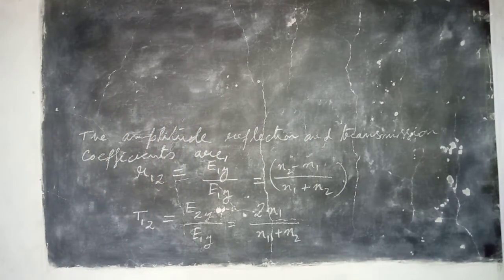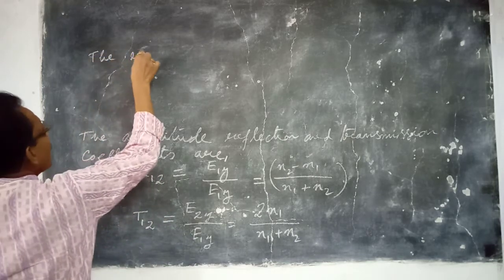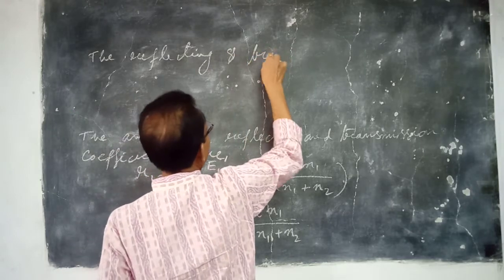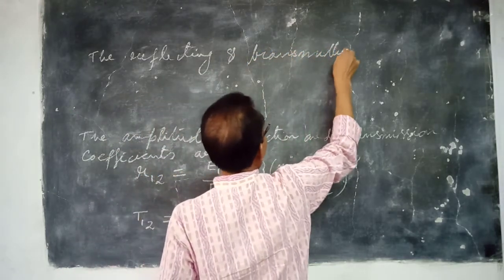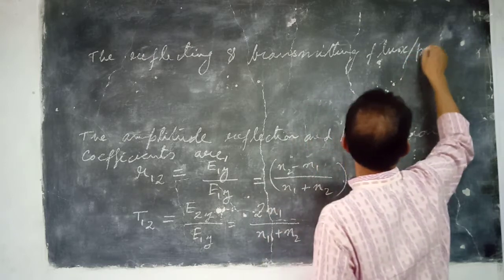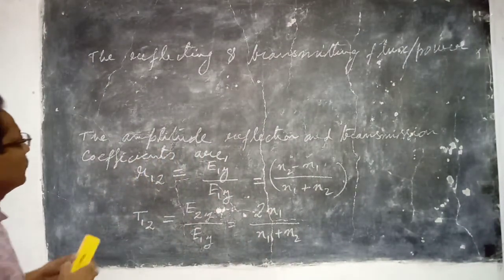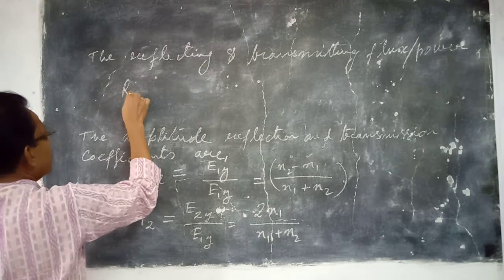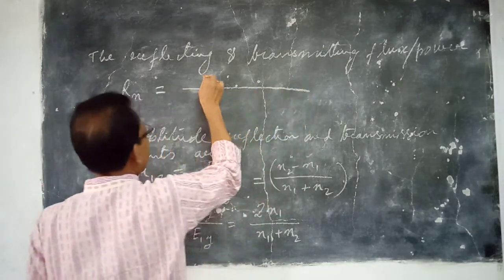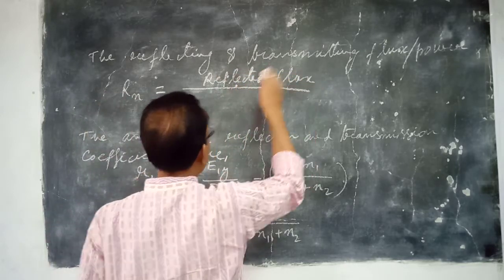So the reflecting and transmitting flux or power: Rn, the reflecting power, is the ratio of the reflected flux or power by the incident flux.